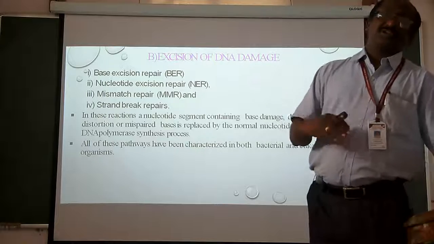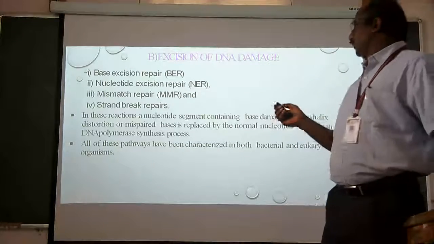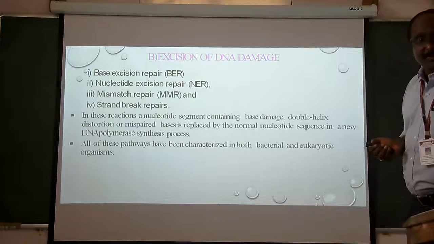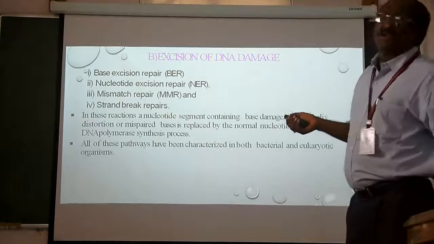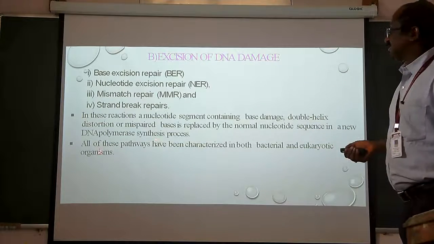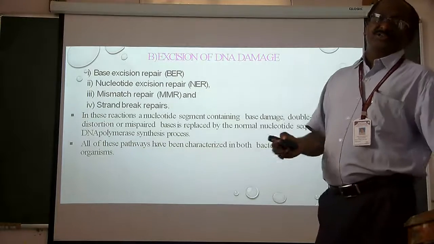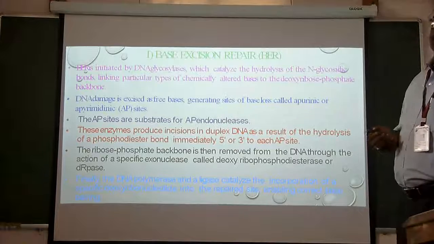So in both prokaryotic and eukaryotic organisms, the excision DNA damage is repaired. Whether it may be base excision BER, NER, MMR, or even the strand repair mechanisms, all of these can be repaired in both eukaryotic and prokaryotic cells. So, the base excision repair.